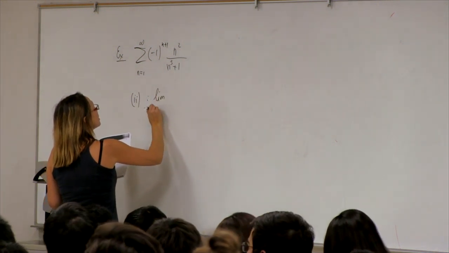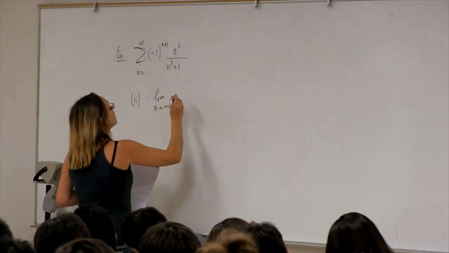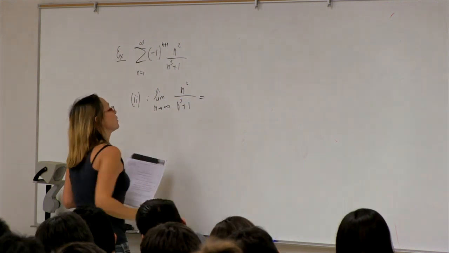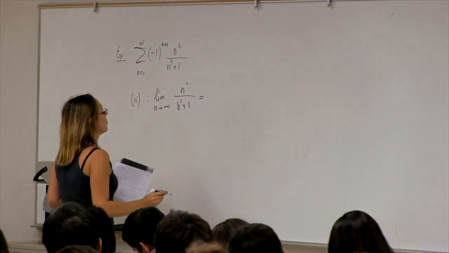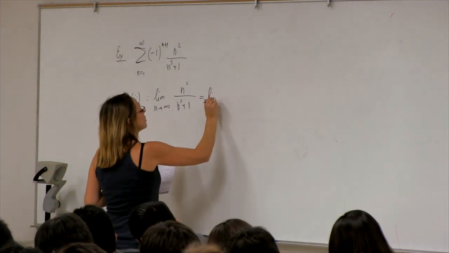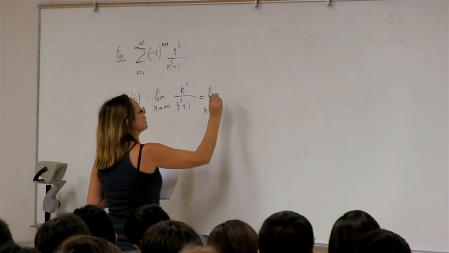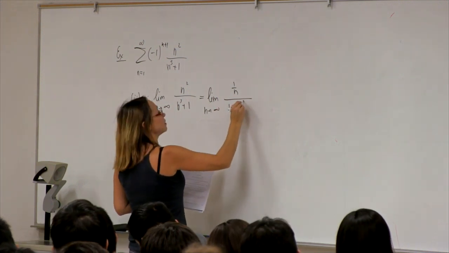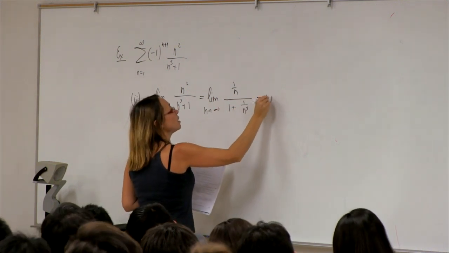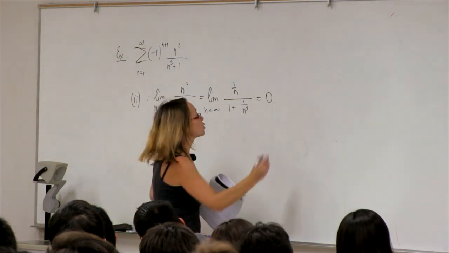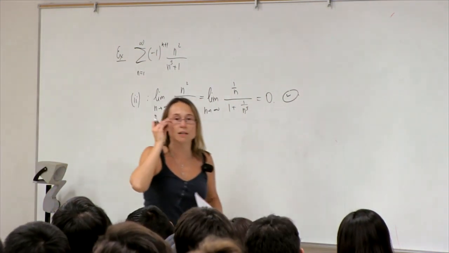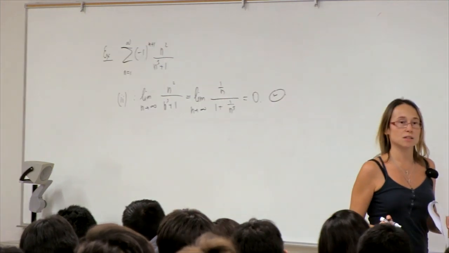What's the limit as n goes to infinity of this sequence? We can divide by n cubed, which is the highest power that we have. So we have 1 over n over 1 plus 1 over n cubed. And we see that it's 0. So 2 is satisfied. Now what we still have to check is condition 1.